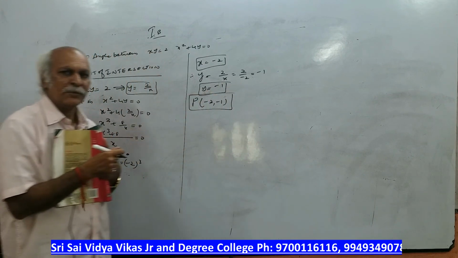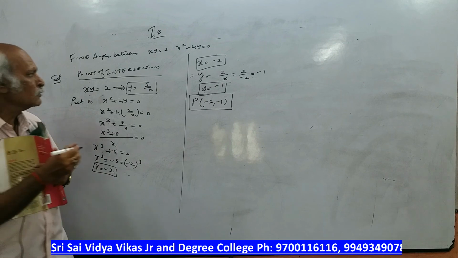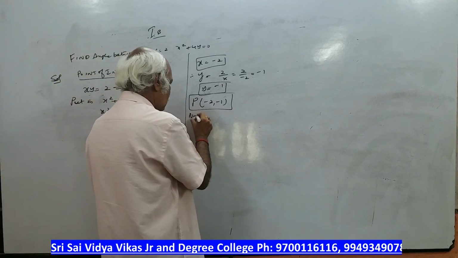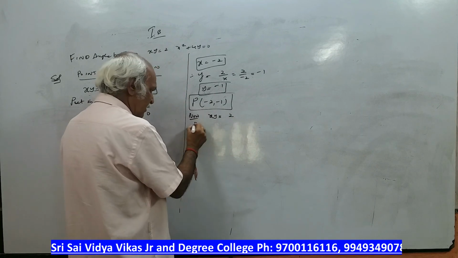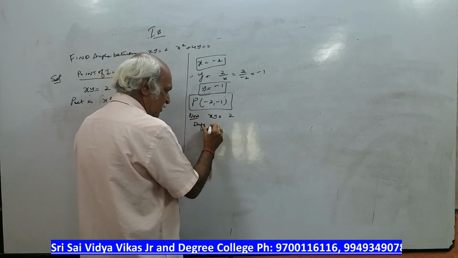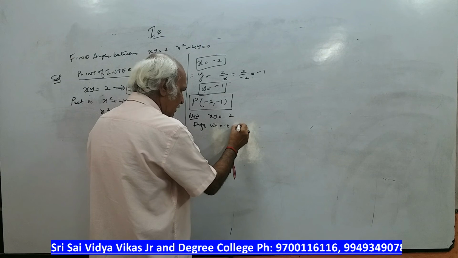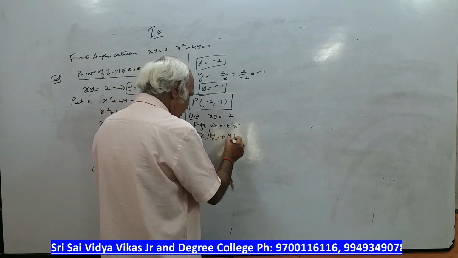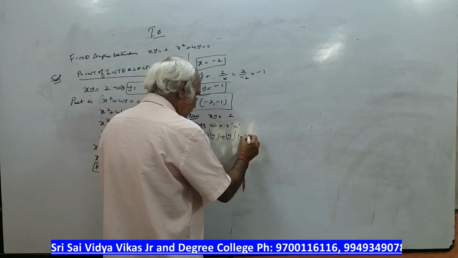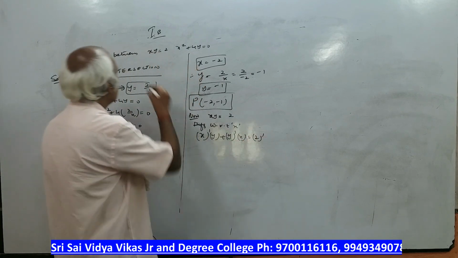Now we have found the point of intersection. Now take xy is equal to 2. Now we have to find m1, means differentiate with respect to x. Using the uv formula, x derivative into y plus y derivative into x is equal to 2 derivative. So I am taking the first curve.